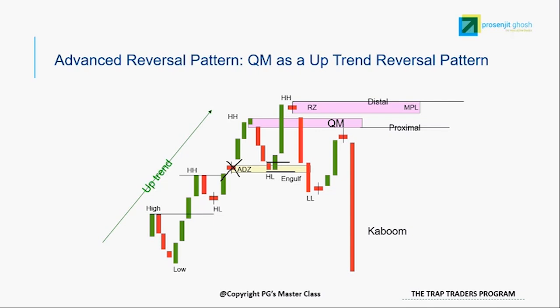Sometimes it can be a compression as well. Sometimes, like here, what can happen is there will be an authentic zone followed by another zone, which is a test of this, and then price moves up, creates a high, comes down, creates a low. The authentic zone is here. Price will give a reaction from the reactionary zone, move up, then create a higher high, and then price will come down.